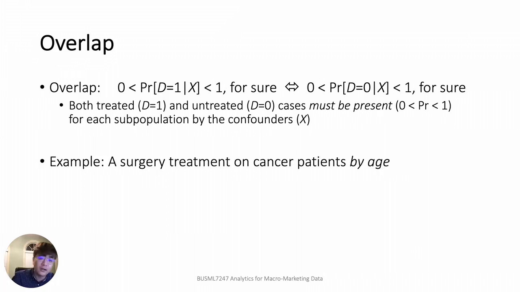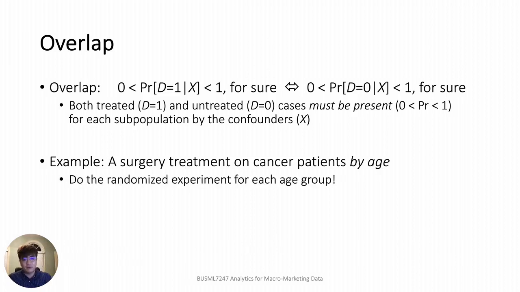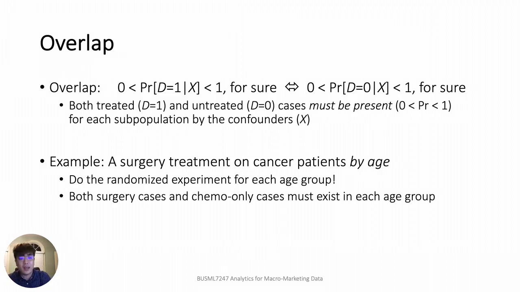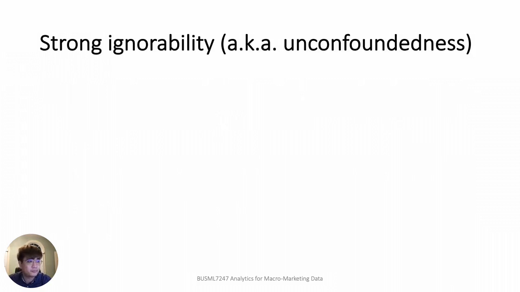For example, go back to the surgery treatment example again. We now have a confounder of the treatment effect, age. And the overlap condition implies both surgery cases and chemo-only cases must exist in each age group.